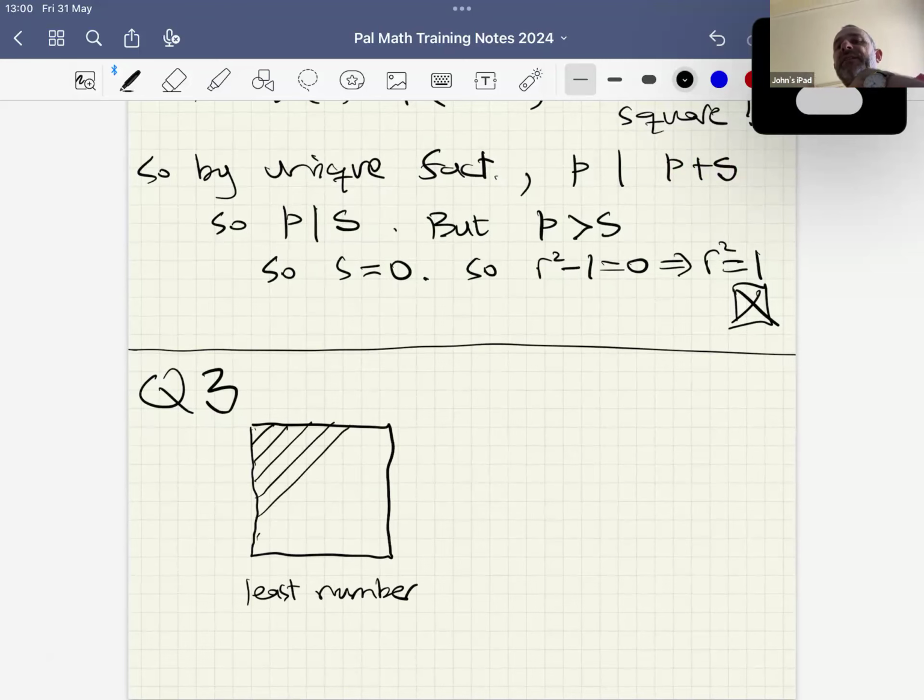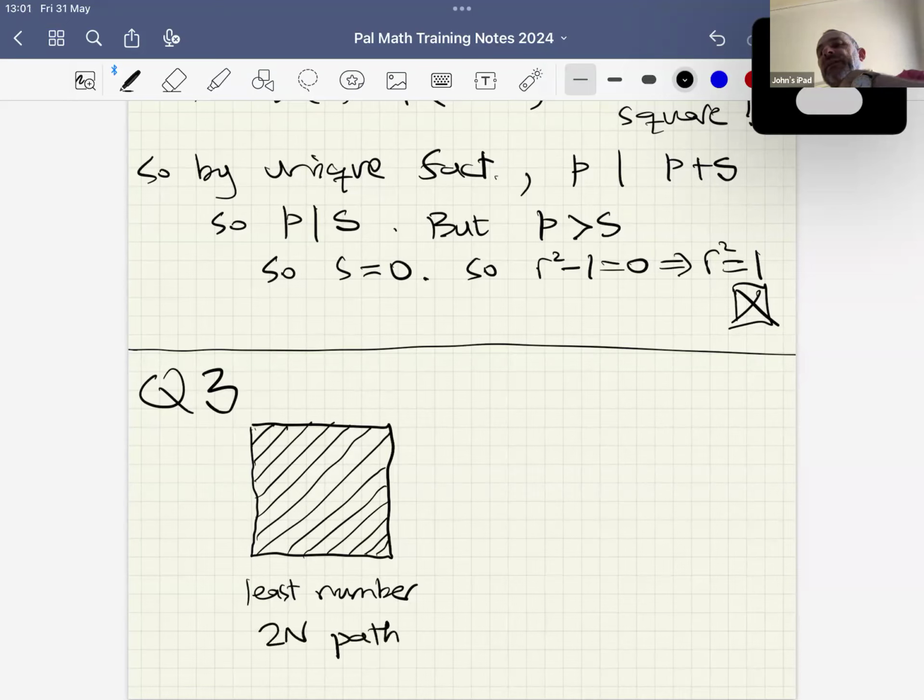The paths go like this. And if you think about that, you get 2n paths. Because, is that right? No, you've got 4n paths. Because you've got 2n of them meeting here, and then 2n of them meeting here. So that's a total of 4n. So that's the least number.